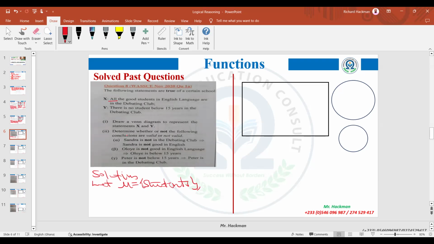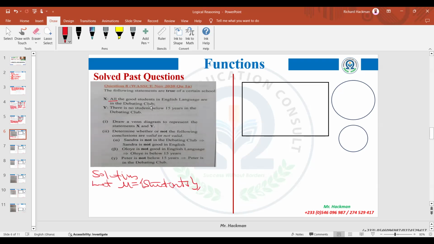Pick out the sets in that statement. Good students in English language is one set, and students in the debating club, or the debating club, is another set. Is that clear?